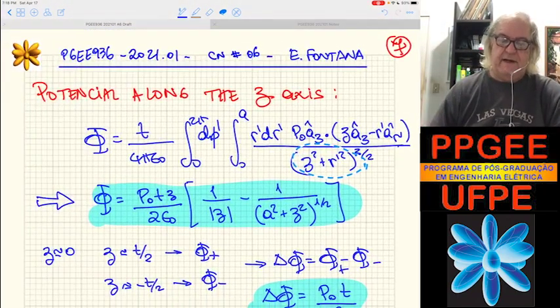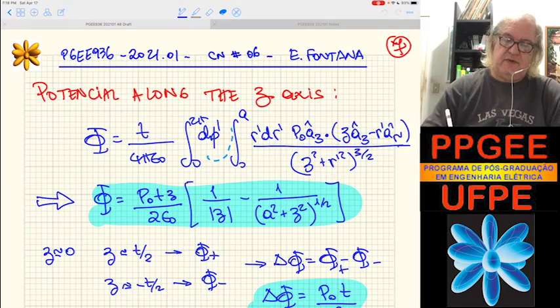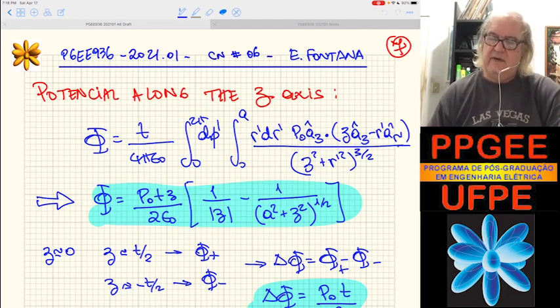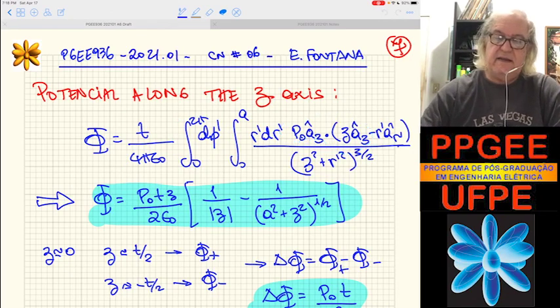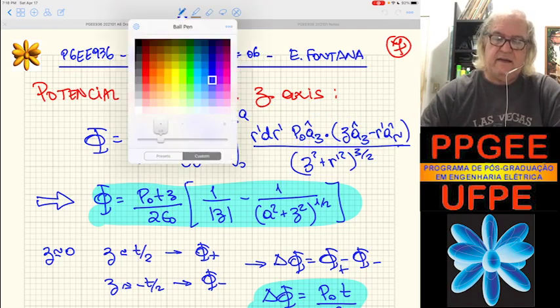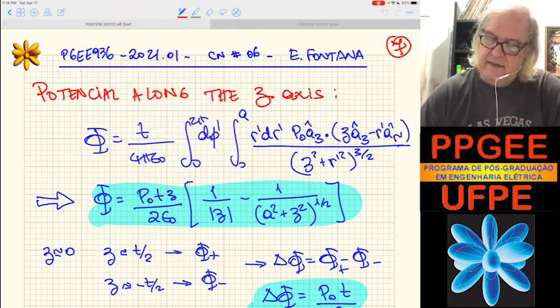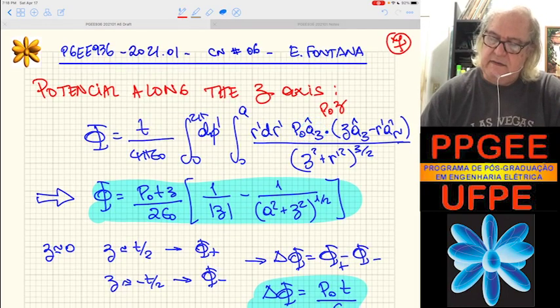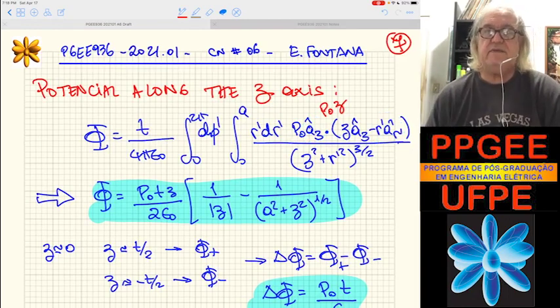So you have, this is going to be 2 pi, with 4 pi, you have 1/2, right? And here we're going to have a very messy thing. This is going to be P0z. This dot product here is 0, right?